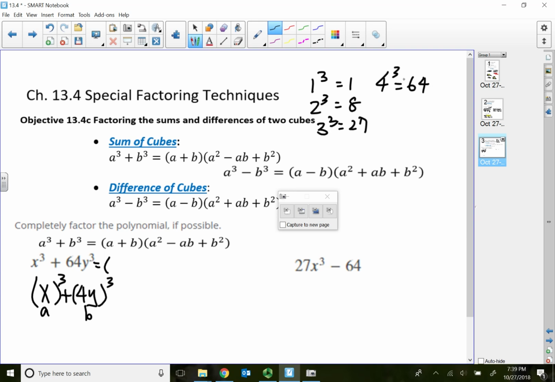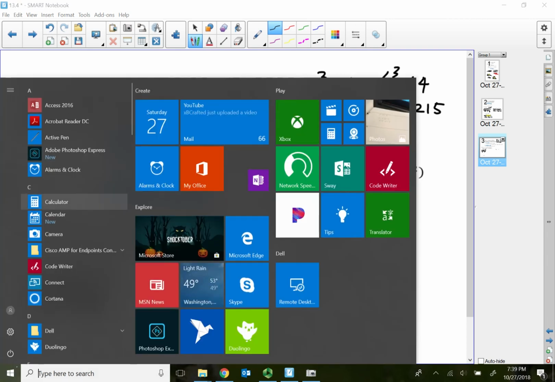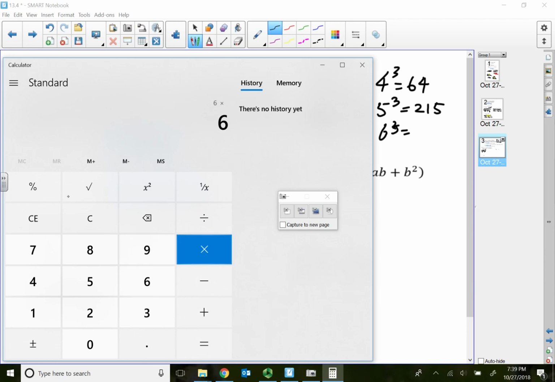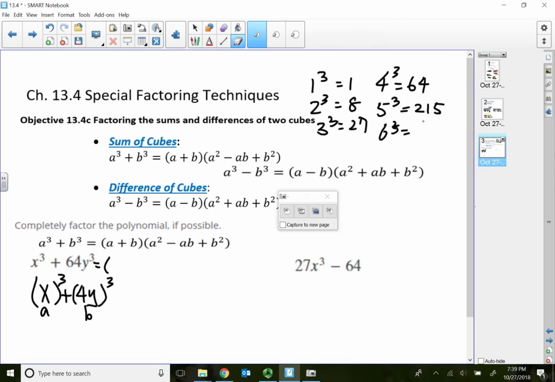The only way we know the difference between 4 to the third or 8 squared is by the exponent on the variable. 5 to the third is 125, and 6 to the third is 216. Sorry about that. These are the common ones we run across.